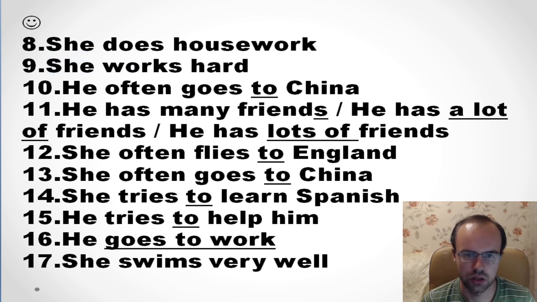Next. She does housework. She works hard. He often goes to China. He has many friends. Or he has a lot of friends. He has lots of friends.